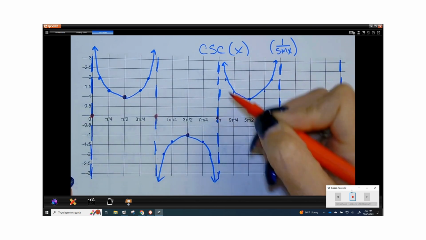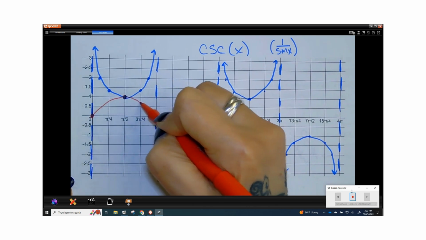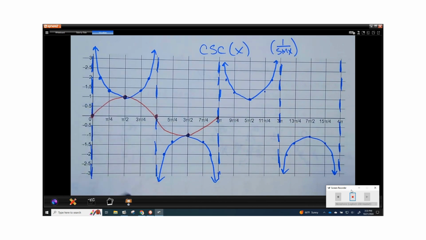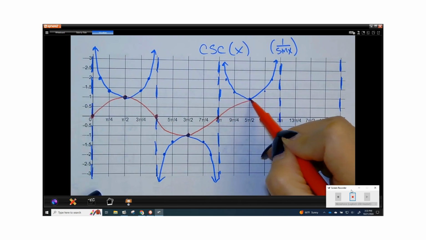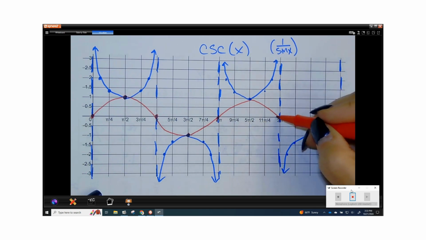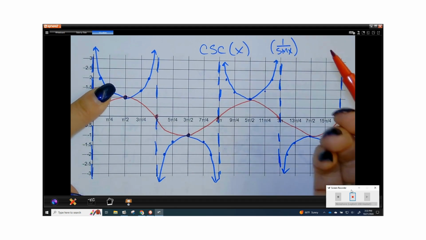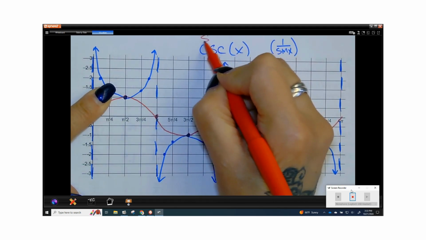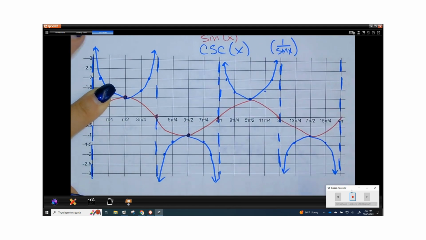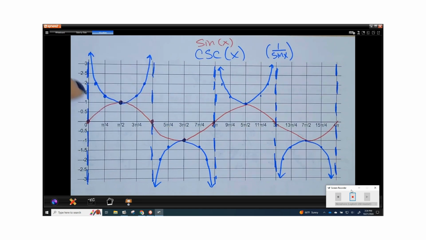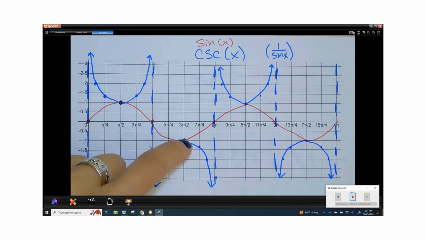This is one cycle, one period of sine, and then it does it again right there and right there. So you could tell this one is sine of x. When it's above the axis, that's when you have this. When it's below the axis, that's when you have this. So that's the graph of cosecant.